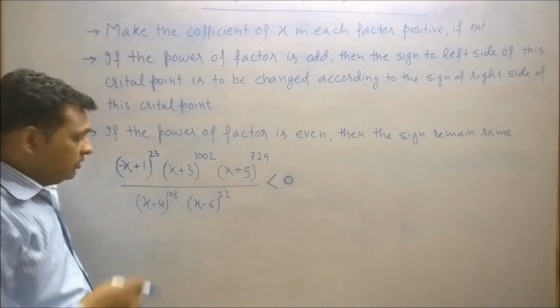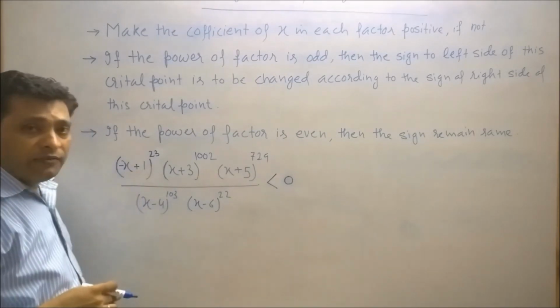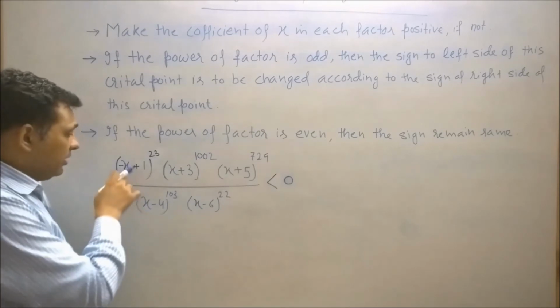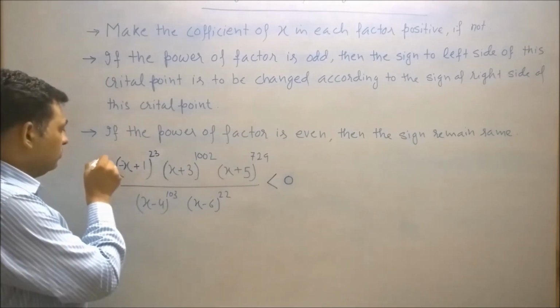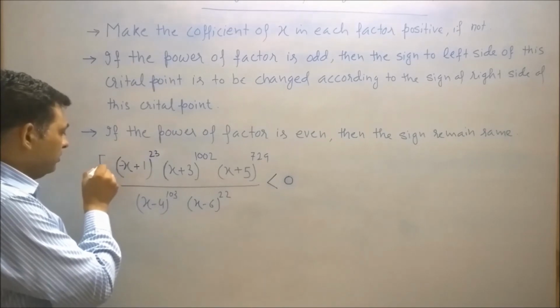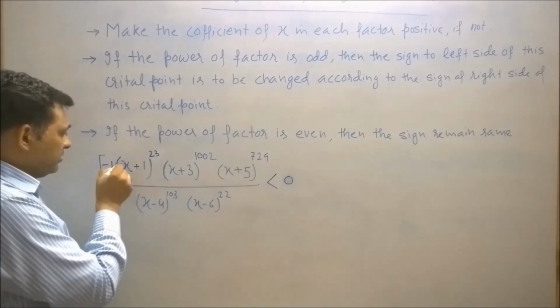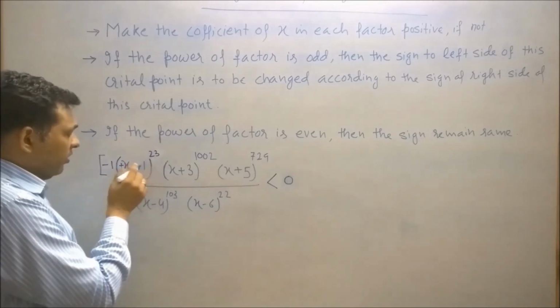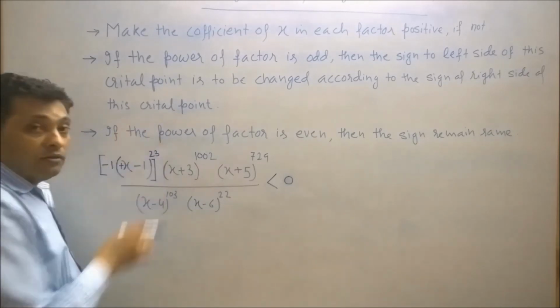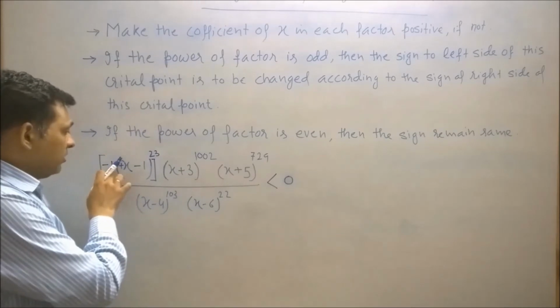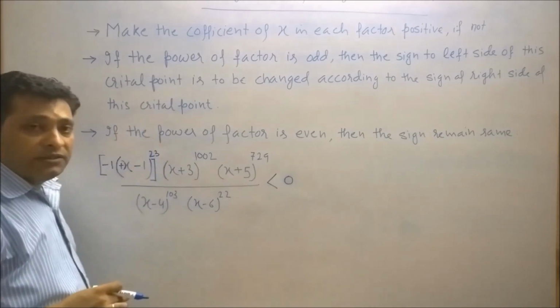If not, by taking minus 1 as a common factor, we can make the coefficient of x positive here. So by taking minus 1 as a common factor, x becomes positive and 1 becomes negative to the whole power 23. Minus 1 to the power 23 means minus 1.